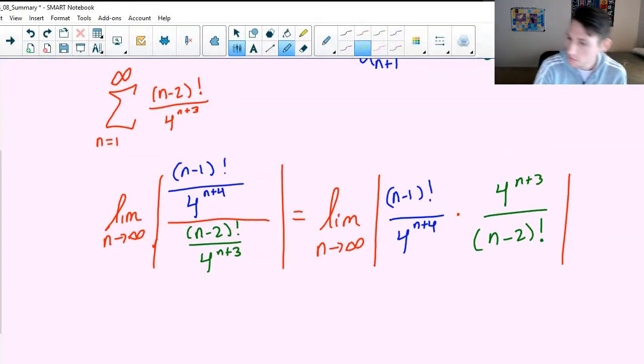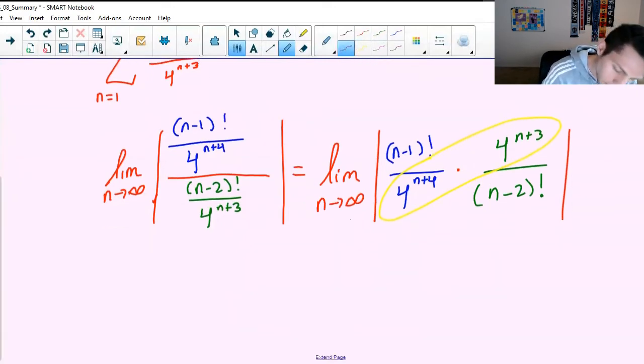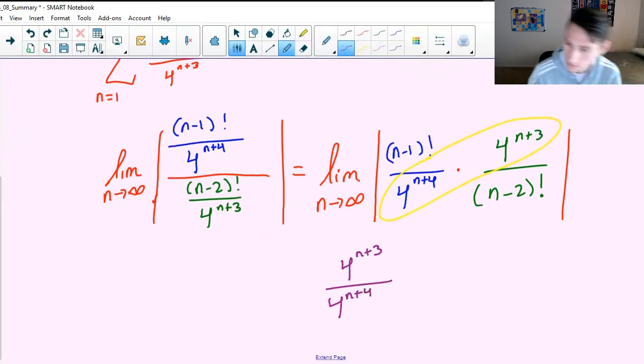Again, if you can just do the simplification here and see it, then great. If you need to do it off to the side, do that as well. It doesn't matter. Just to show explicitly what we're doing, let me first think about 4 to the n plus 3 over 4 to the n plus 4.